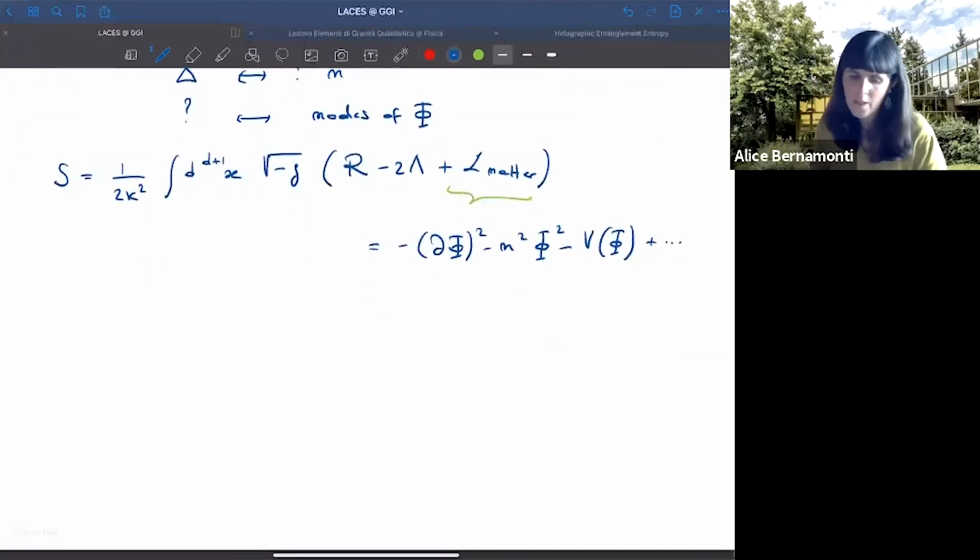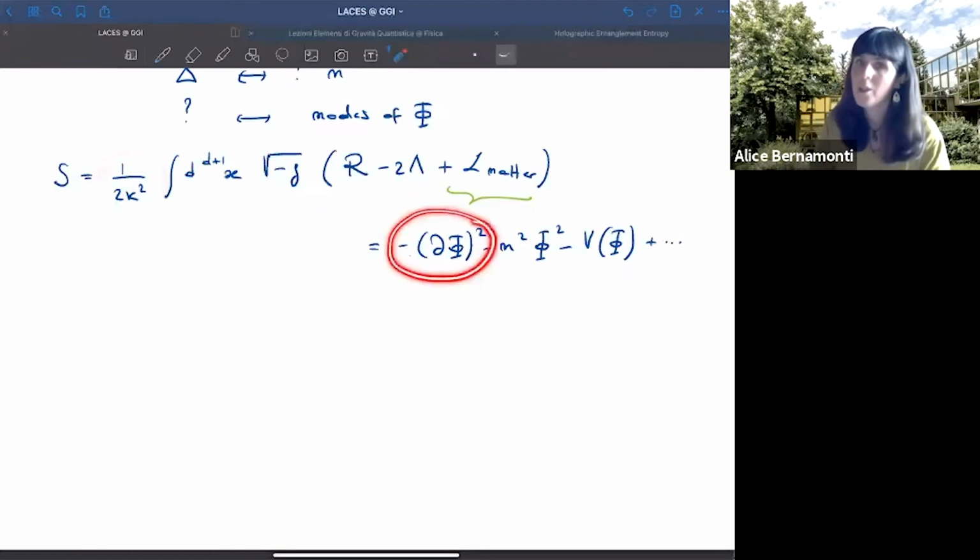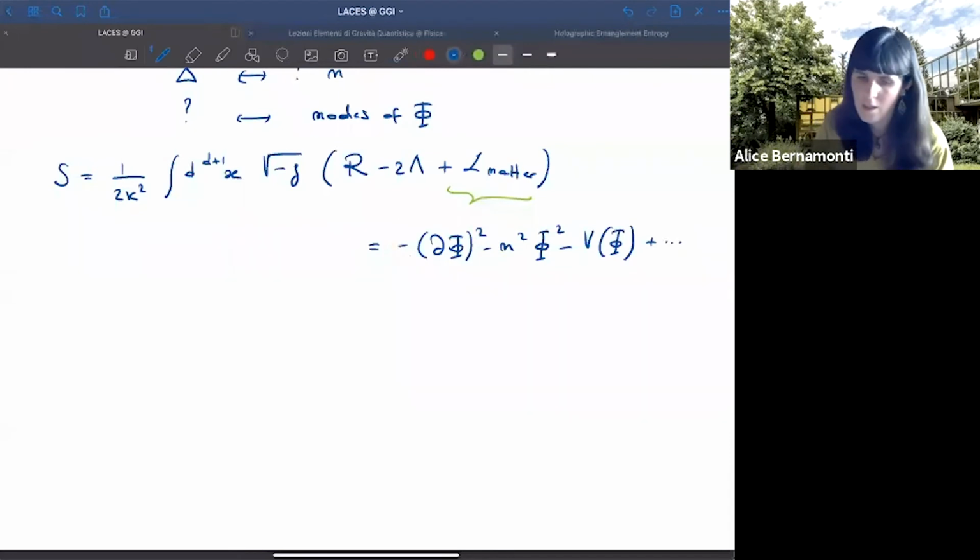And so now we can consider fluctuations of the scalar and of the metric around empty AdS. For that, it's actually convenient to use a canonical normalization of the kinetic term, to reabsorb this prefactor, which goes like 1 over G Newton, in the normalization of the kinetic term.